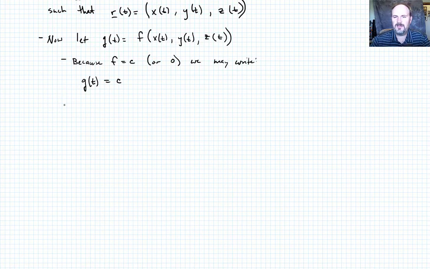Okay, so now let's differentiate with respect to time, or to the parameter t.